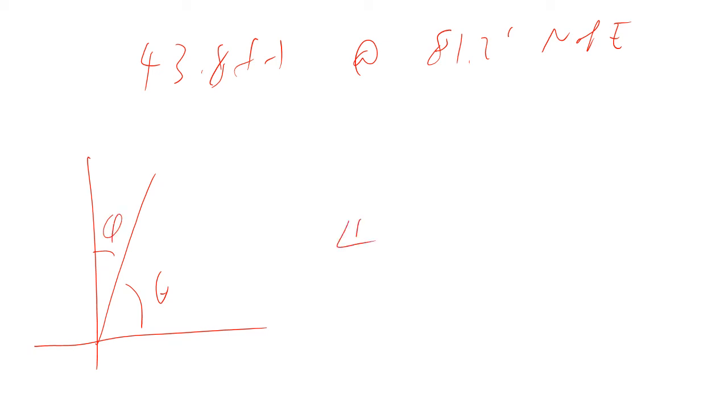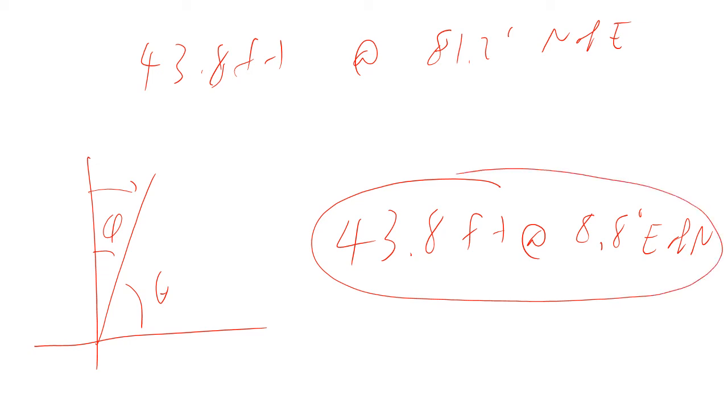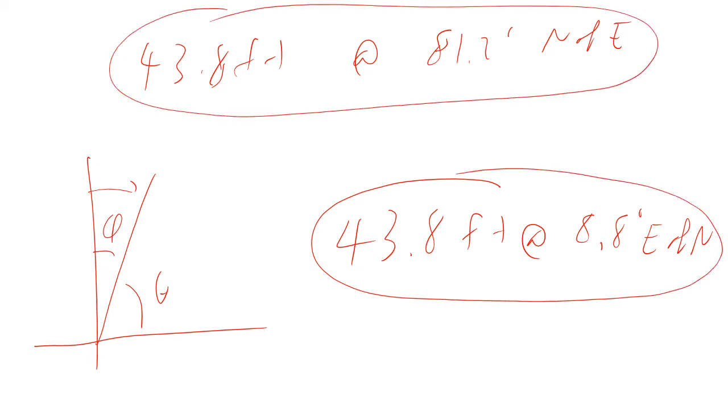So that would be 43.8 feet at an angle of 8.8 degrees east of north, or clockwise from north. That's the compass heading right there. So both of these say exactly the same thing. I don't really care which way you do it if you were doing this on a test, because you could do this both ways, unless I told you I needed it one way or the other.